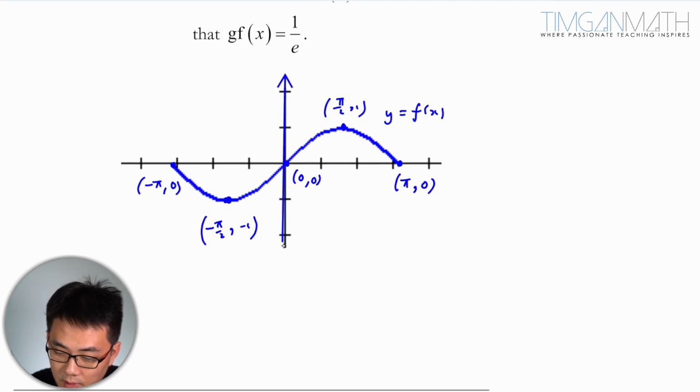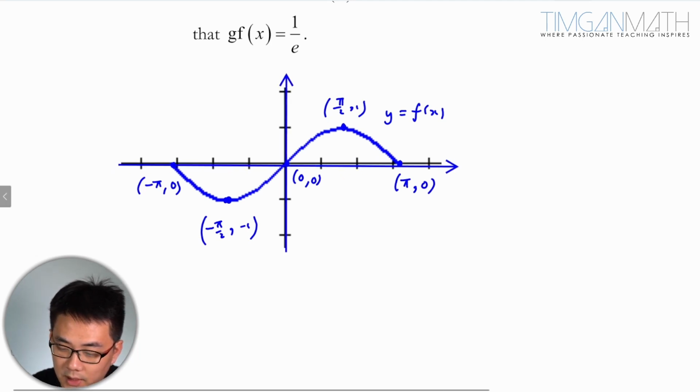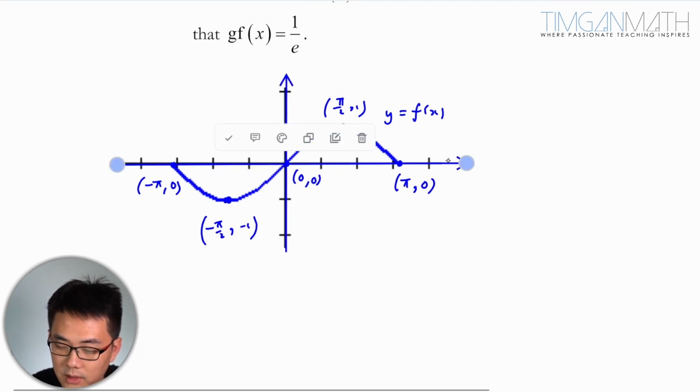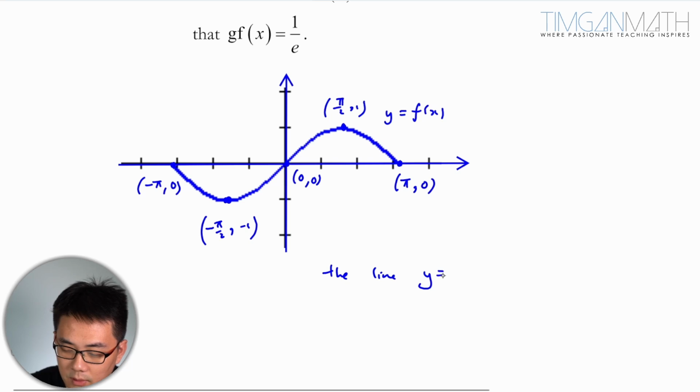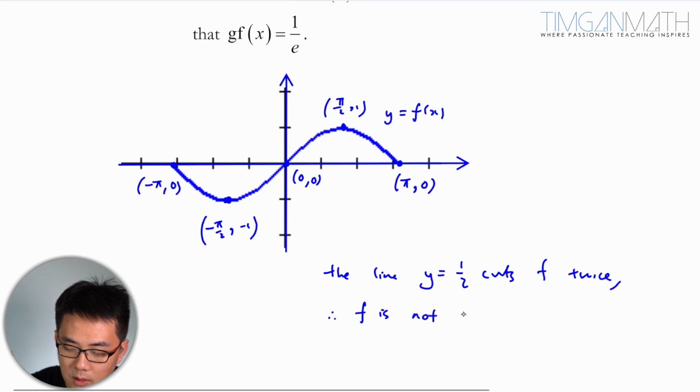You know that this graph, by the horizontal line test, just write it down: the line y equals to 1 half cuts f twice. Hence f is not a 1-1 function.